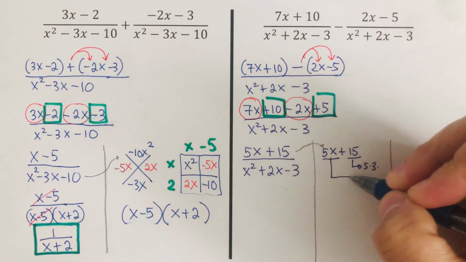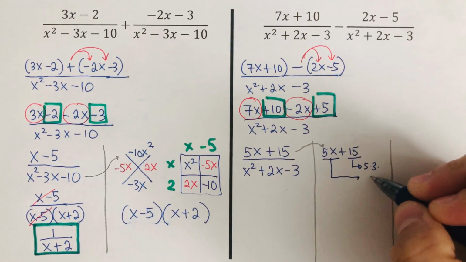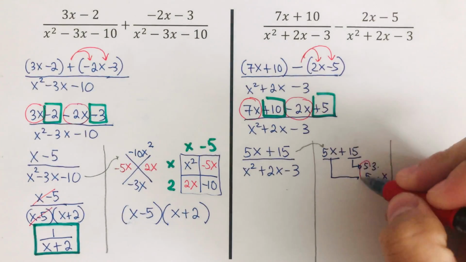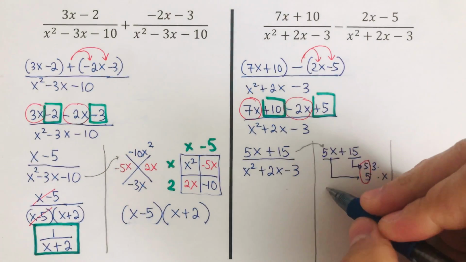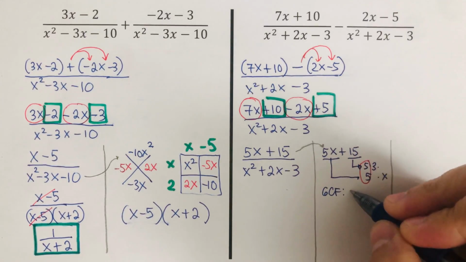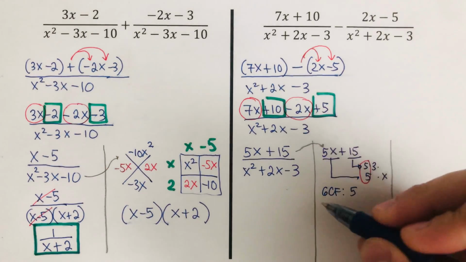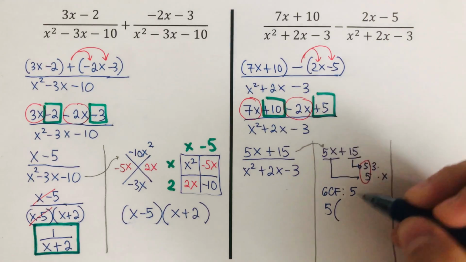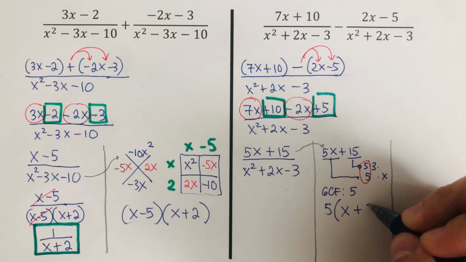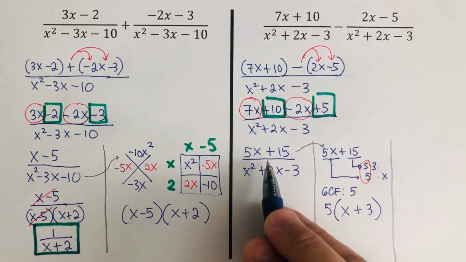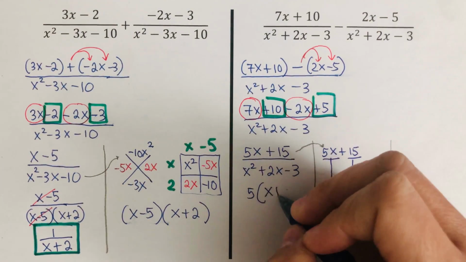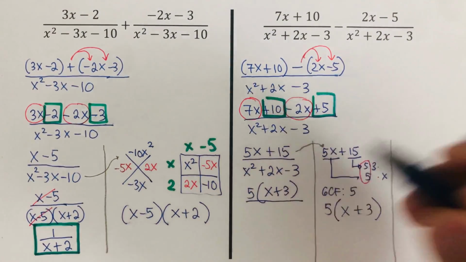This 5x can be broken down into 5 times x. So their GCF is 5, and so we can factor it out. That would be 5 times x plus 3. So the numerator here will come out 5 times x plus 3 over the denominator.